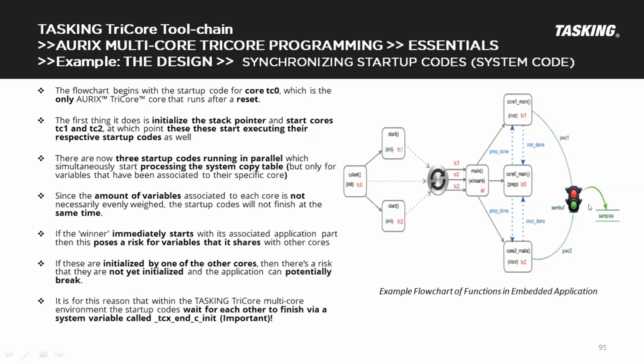And we have a semaphore, and this semaphore synchronizes the access to this buffer, because we have core number 1, core number 0, and core number 2. So we have 3 cores, and core 1 tries to write to the buffer, and core number 2 as well tries to write to this buffer.